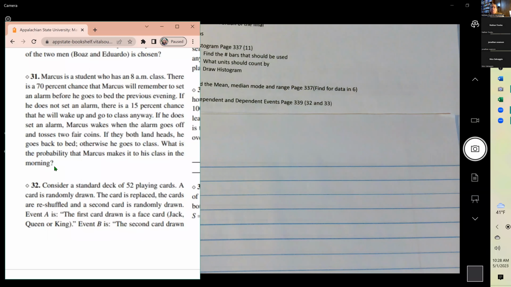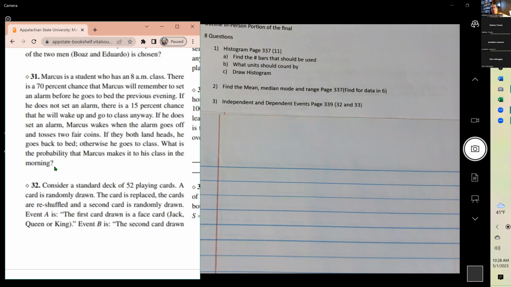Number 32 and 33, because the one is independent, the other one's dependent. That way you could see both.